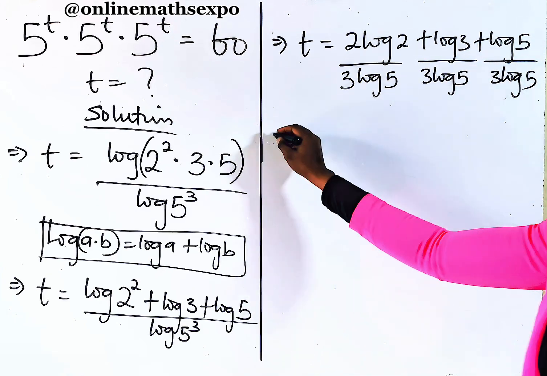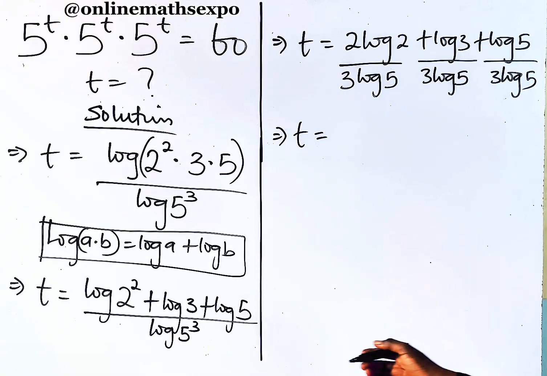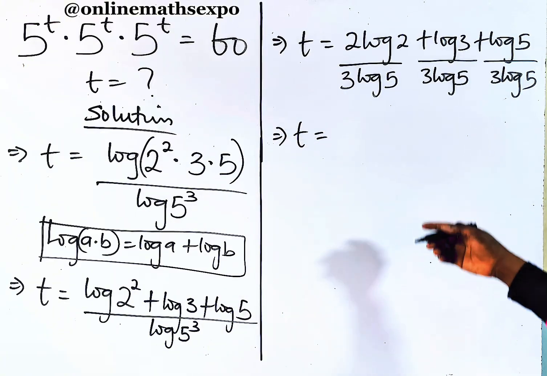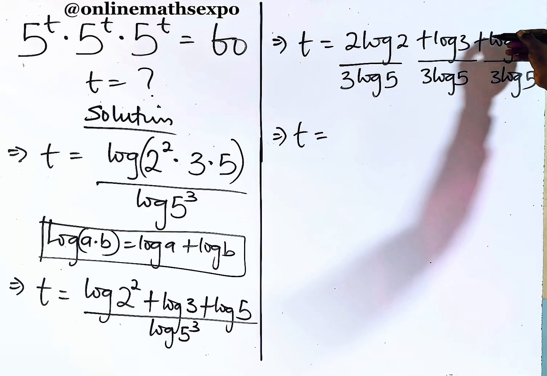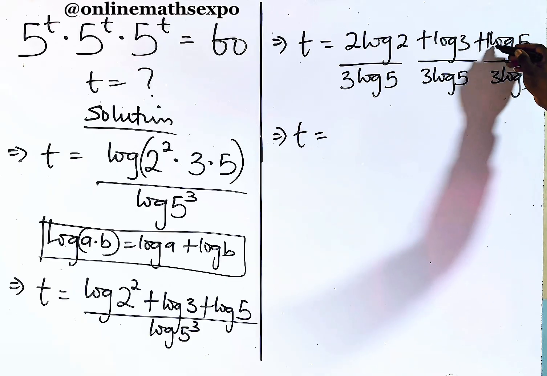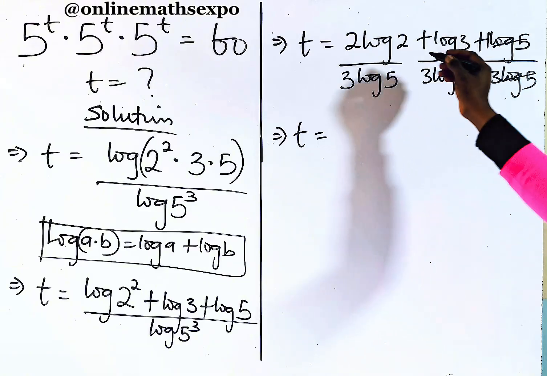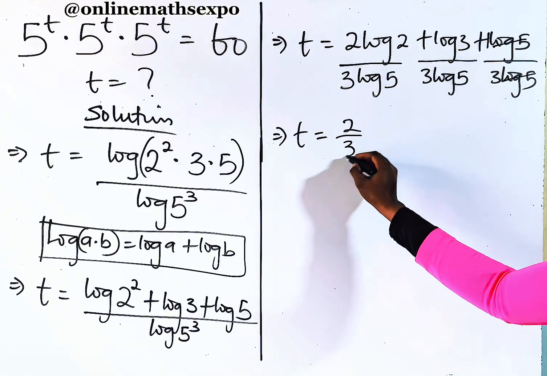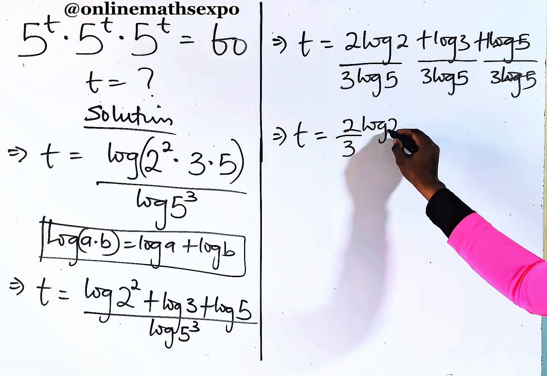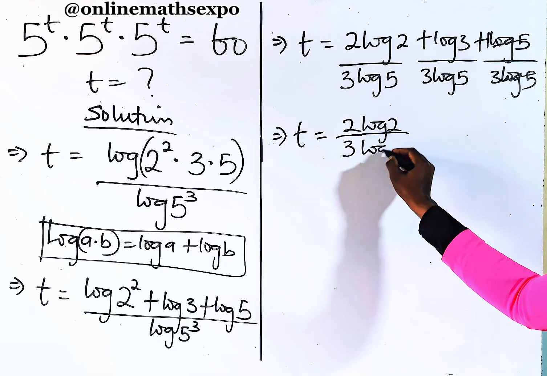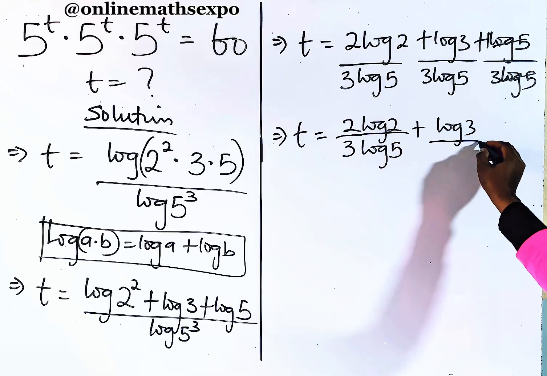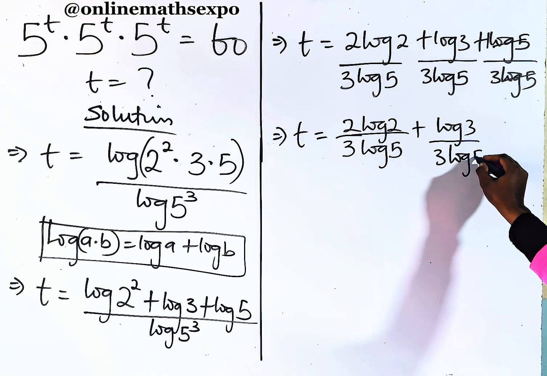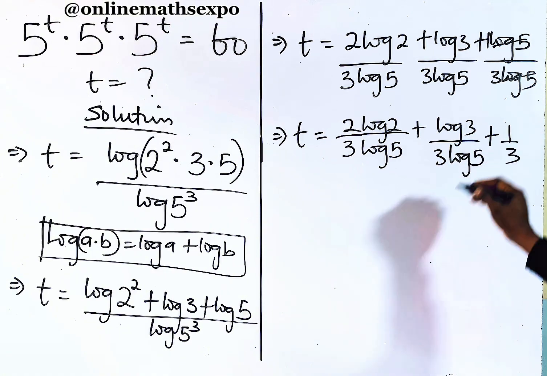So keep solving. We have t is equal to, now you see that only these are of the same log 5. Remember the coefficient here is 1. So this can take care of this. So we're going to return 2 on 3 log 2 divided by 3 log 5 plus log of 3 divided by 3 log 5 plus 1/3.